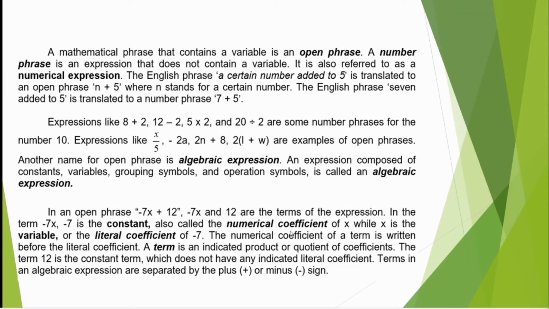Expressions like 8 plus 2, 12 minus 2, 5 times 2, and 20 divided by 2 are some number phrases for the number 10. Expressions like x over 5, negative 2a, 2n plus 8, 2 times L plus W are examples of open phrases.